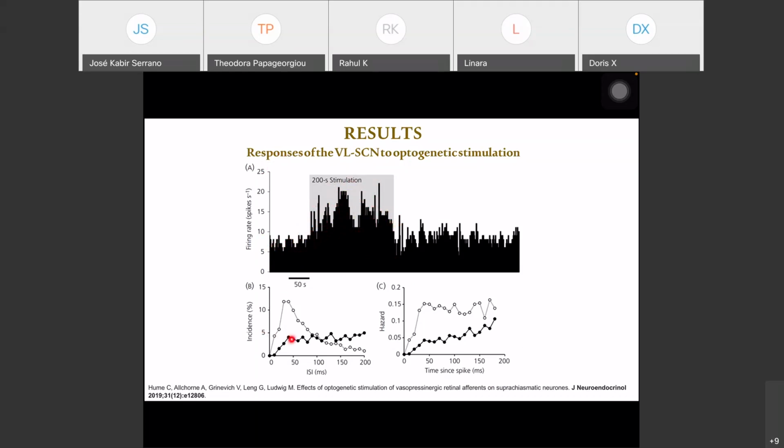And this is a histogram of the interspike interval of the unresponsive cells and the optogenetic responsive cells. We can see a peak in the interspike interval, which means that the optogenetic stimulation actually increased the action potentials in the cells.